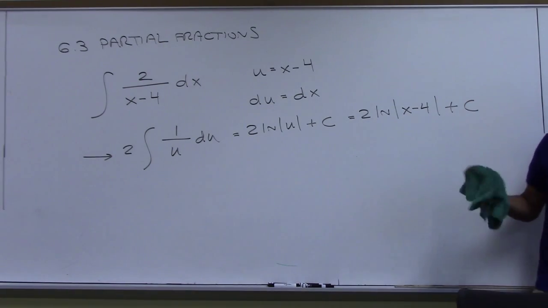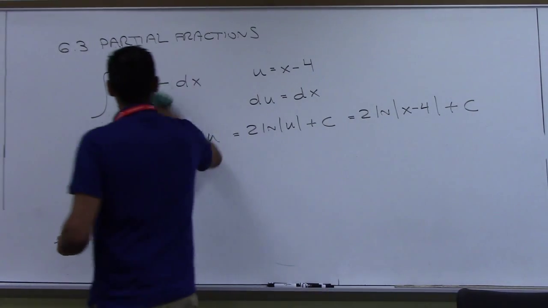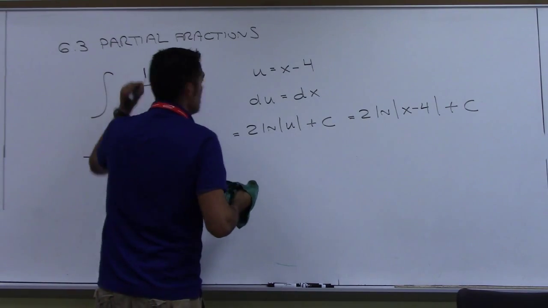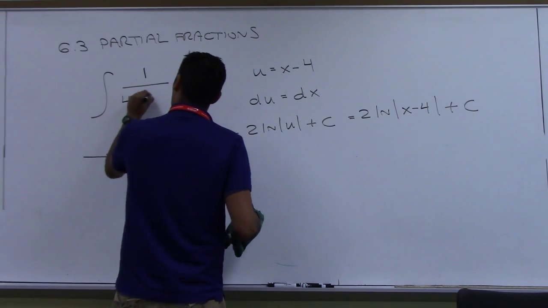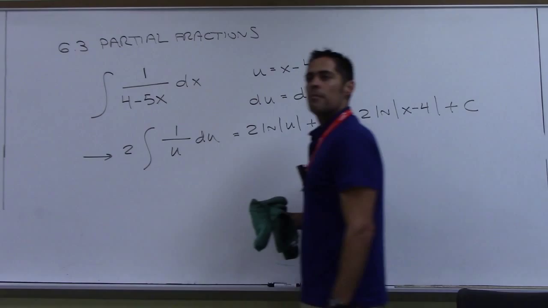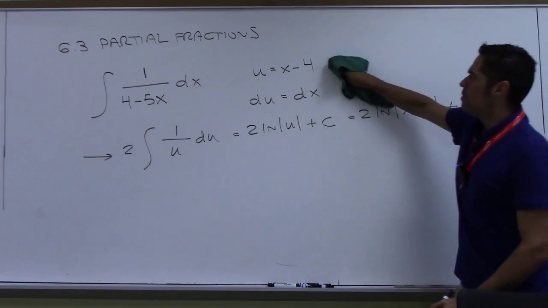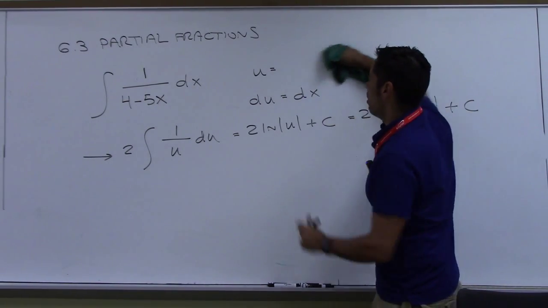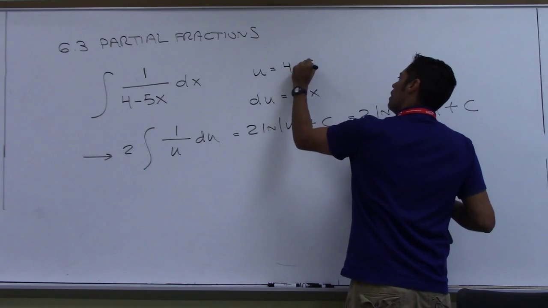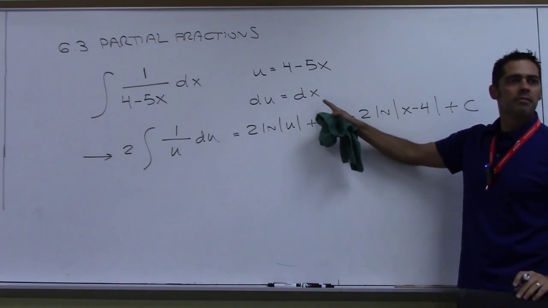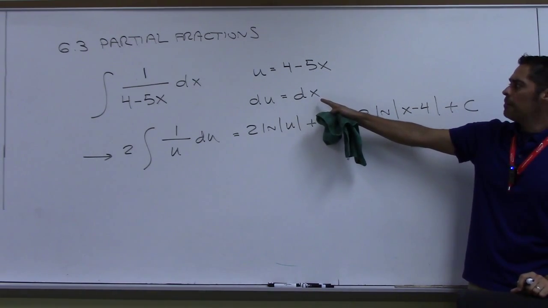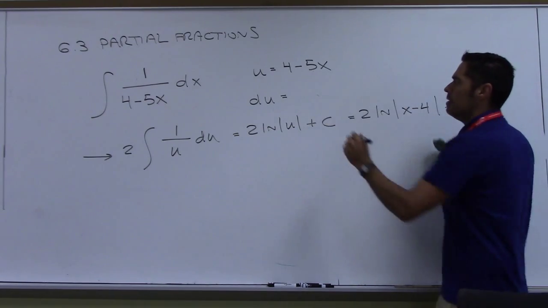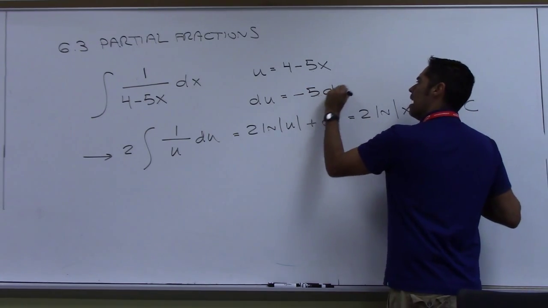Another constant over a linear expression. So this is exactly the same as the one we just did, right? Our u here would be 4 minus 5x. That would change one thing here, right? Our du would now be what? Negative 5 dx.